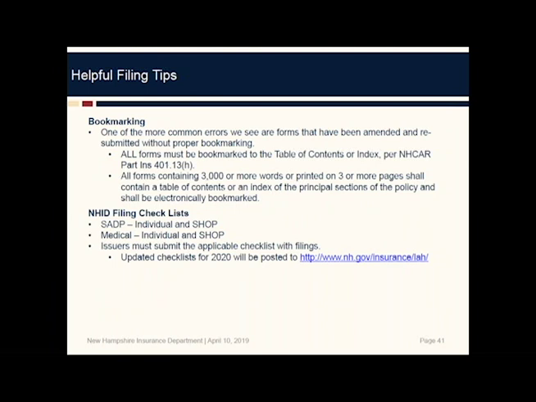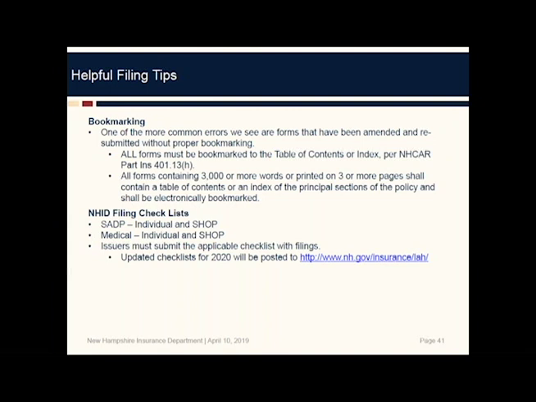More helpful filing tips. Bookmarking. That is one of the things that we most commonly write on. All forms containing 3,000 or more words or printed on 3 or more pages must first of all contain a table of contents or an index, and the form must be bookmarked to the table of contents.